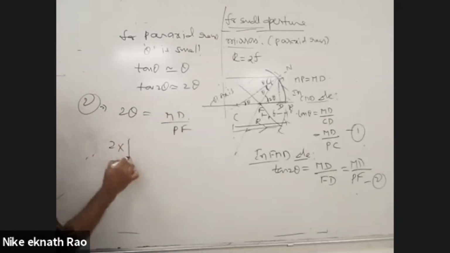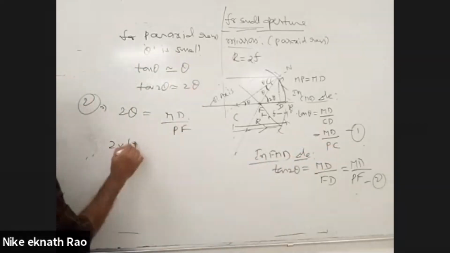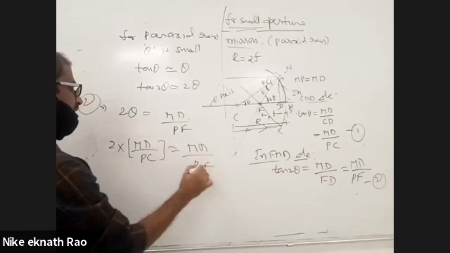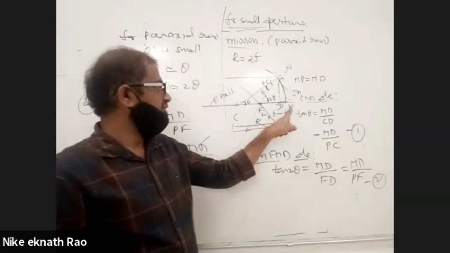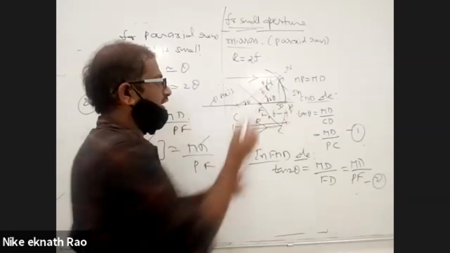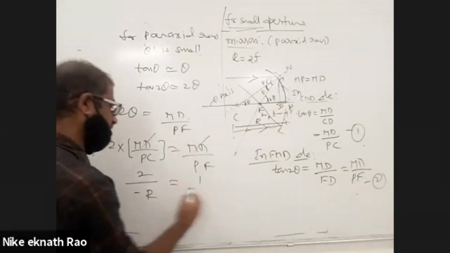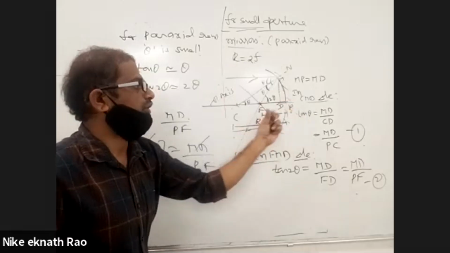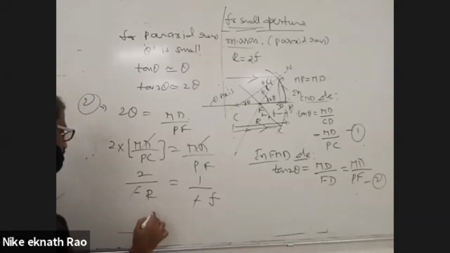Taking theta from the first equation, tan theta is MD by PC. So 2 times MD by PC is equal to MD by PF, and MD gets cancelled. By sign convention, with the ray going left to right, PC is equal to minus R, and PF, going from pole to focus, is minus F. So you can cancel the signs and get R is equal to 2F.